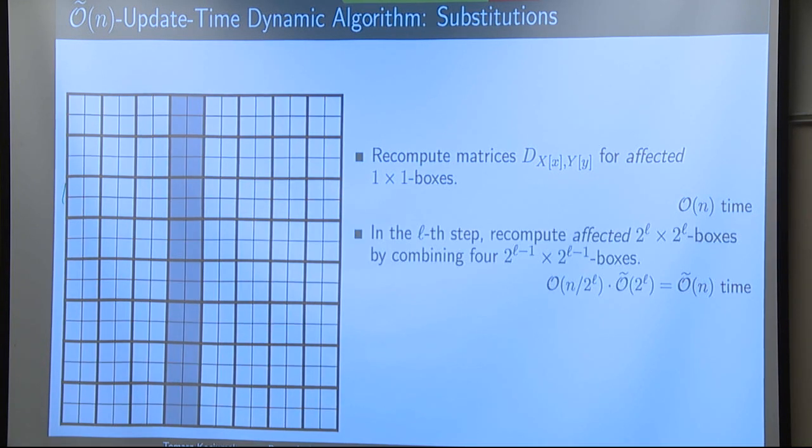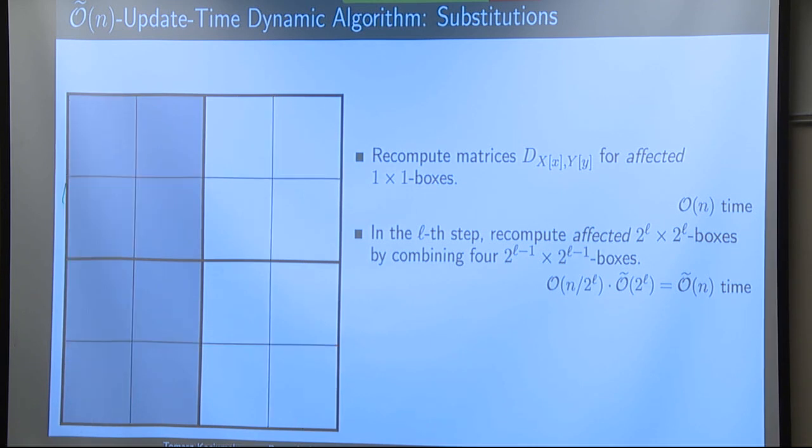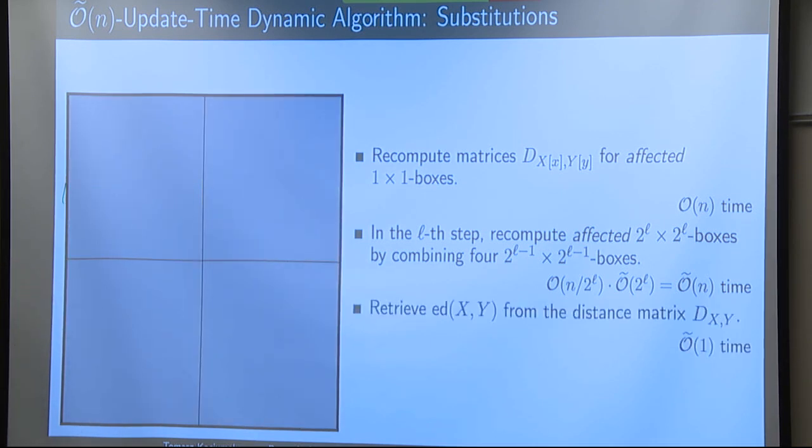Then for every 2 by 2 box, they also form a single column on the larger scale. And so on, for every scale, we will need to update or recompute the distance matrices for boxes lying in a single column of this alignment graph, until we finally get, again, the distance matrix of the whole string. And from this, we can retrieve the edit distance between x and y.